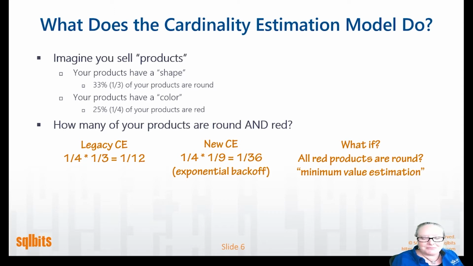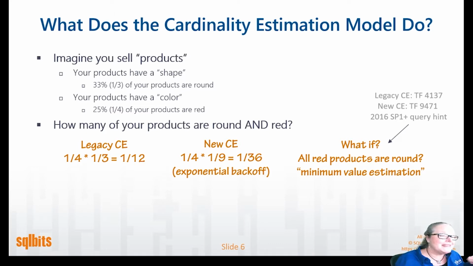Well, that would be something that we would call minimum value estimation, which in the legacy CE you could implement through a trace flag, and in the new CE you could implement through a different trace flag. And part of why they did this is that if your queries have trace flags, they want to make sure that those trace flags make sense. So let's change the trace flags so that we have to verify and check all of that code. So this is minimum value estimation.